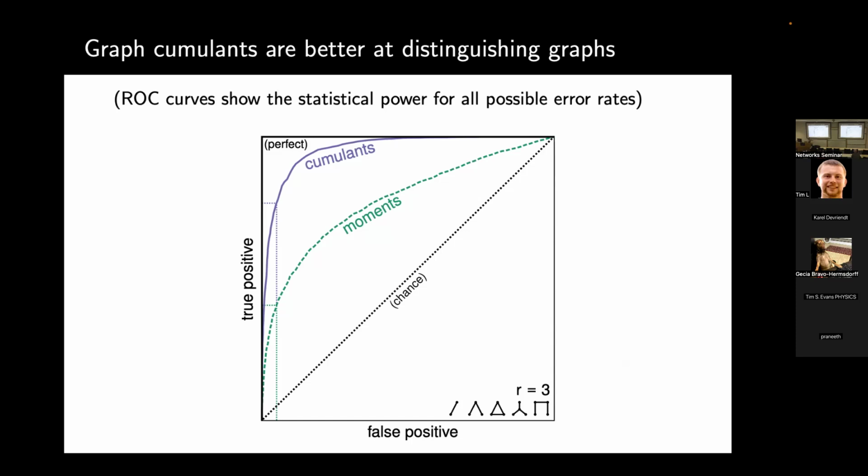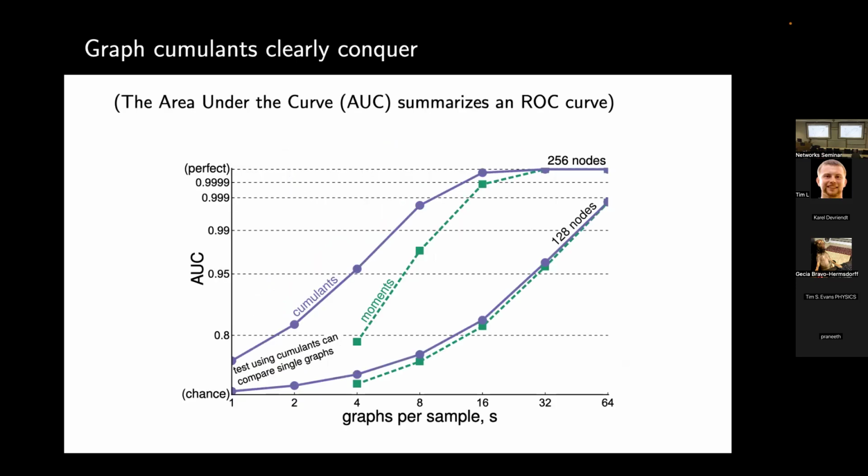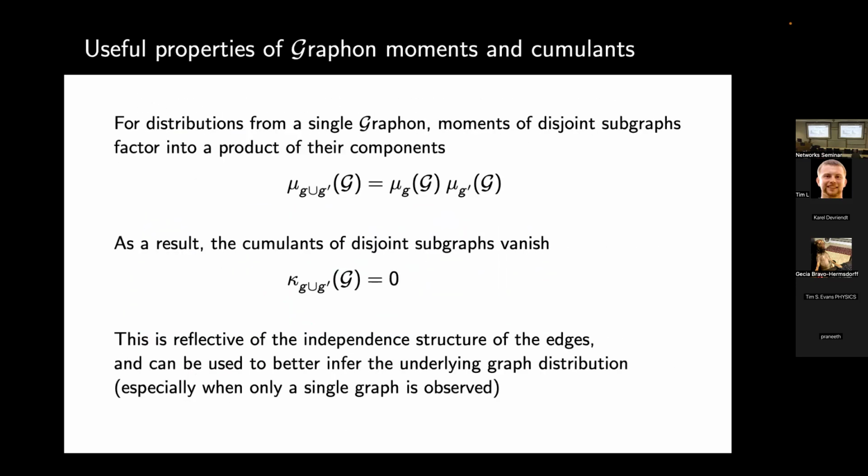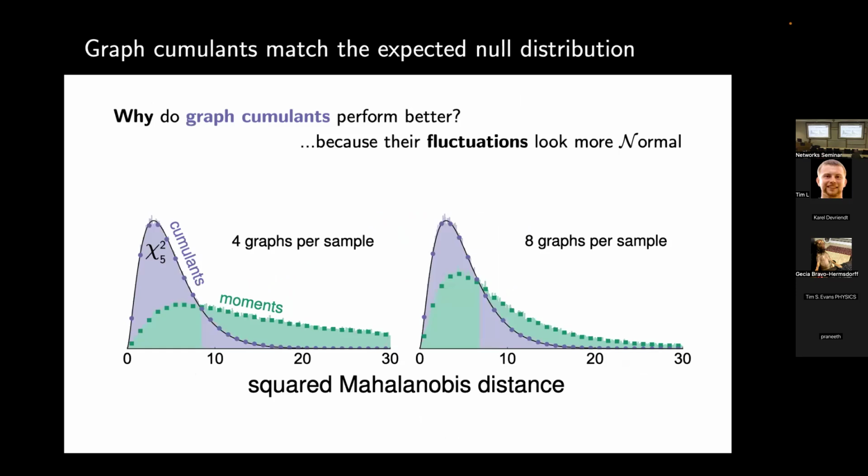In statistics, we often use confidence intervals, because it might just be that the cumulant confidence intervals are wider than the one for the moments. Yeah, sure. We're going to do that empirically first, but then I'm going to show that the cumulants follow a chi-square distribution very tightly under the null hypothesis, even for small graphs and small numbers of samples.